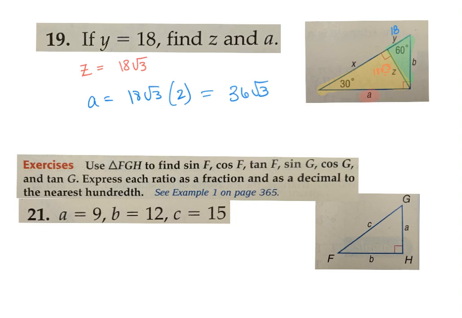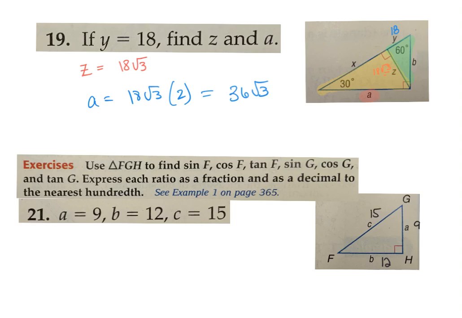For number 21. Number 21 is just trig. So this is right angle trigonometry, SOHCAHTOA. They have given us side A, B, and C lengths. All right, so we know that A is 9, we know that B is 12, and we know that C is 15.